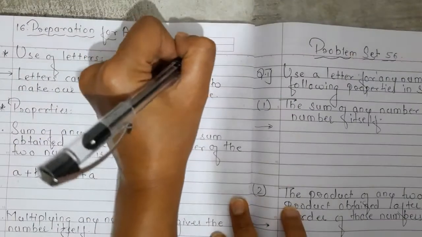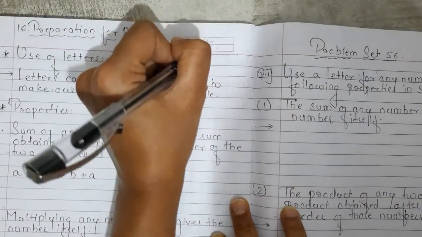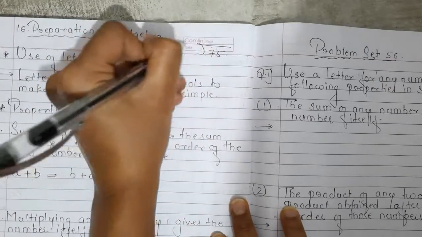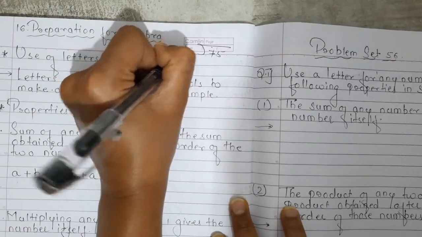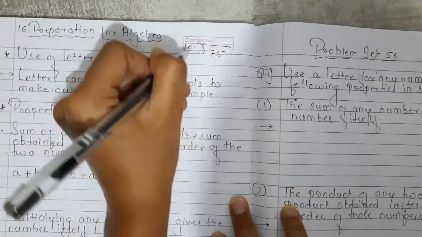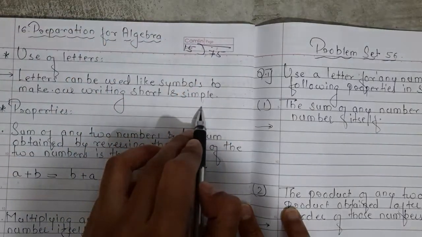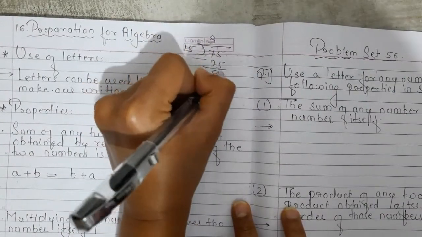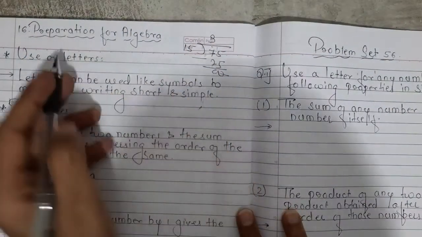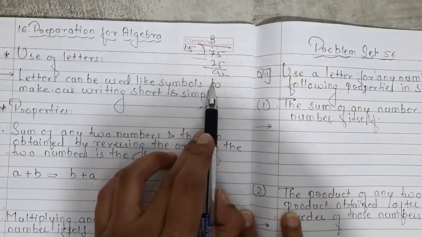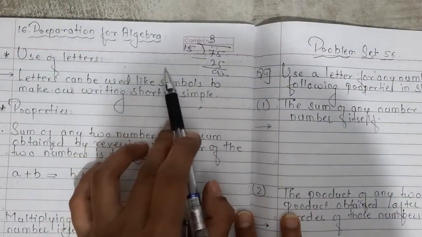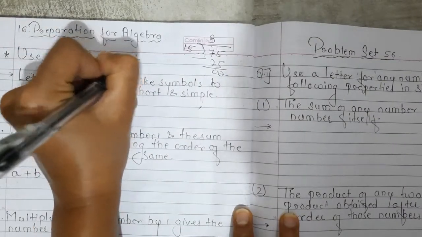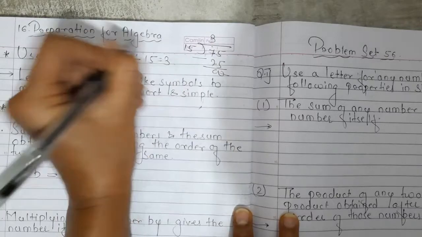Now suppose usually we write 75 divided by 15, and then we solve the whole sum, that is 15 3s are 75. But for making the expressions simple, we can just write 75 divided by 15 is equal to 3.